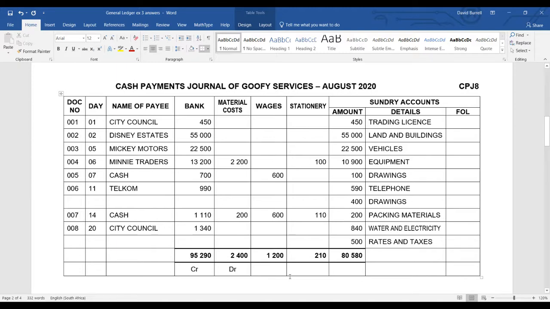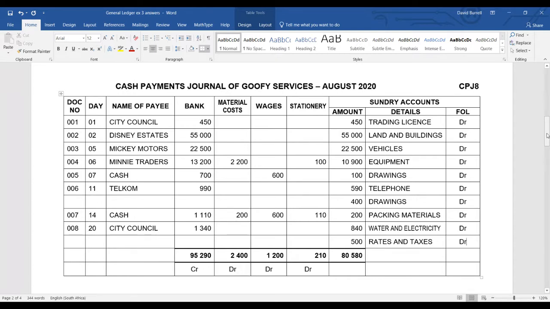So we'll debit material costs, we'll debit wages, we'll debit stationery. And there's a whole bunch of accounts here in sundry, but we would debit trading license, land and buildings, vehicles, equipment, drawings, telephone, drawings again, packing materials, water and electricity, and rates and taxes. So it's a credit to the bank account and debits to absolutely everything else.